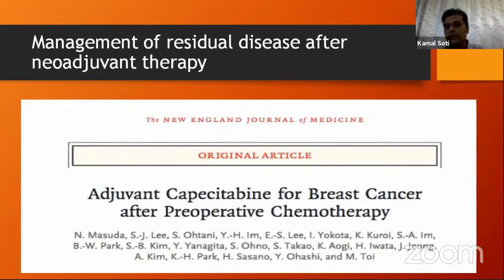So suppose there is a residual disease, then what should we do? To study this problem, doctors from Japan and Korea did an open-label randomized phase 3 trial, and this trial was published in NEJM 2017. It studied the concept of giving adjuvant chemotherapy, especially to residual tumors.